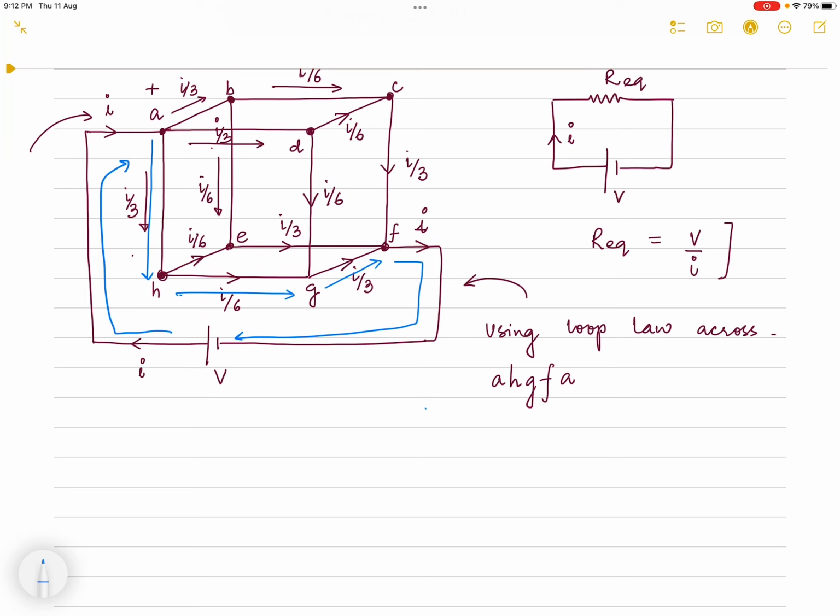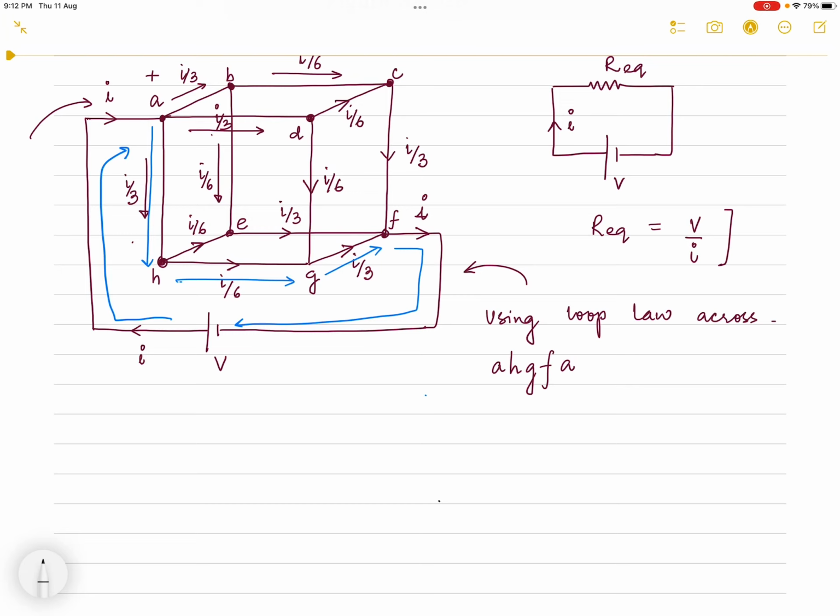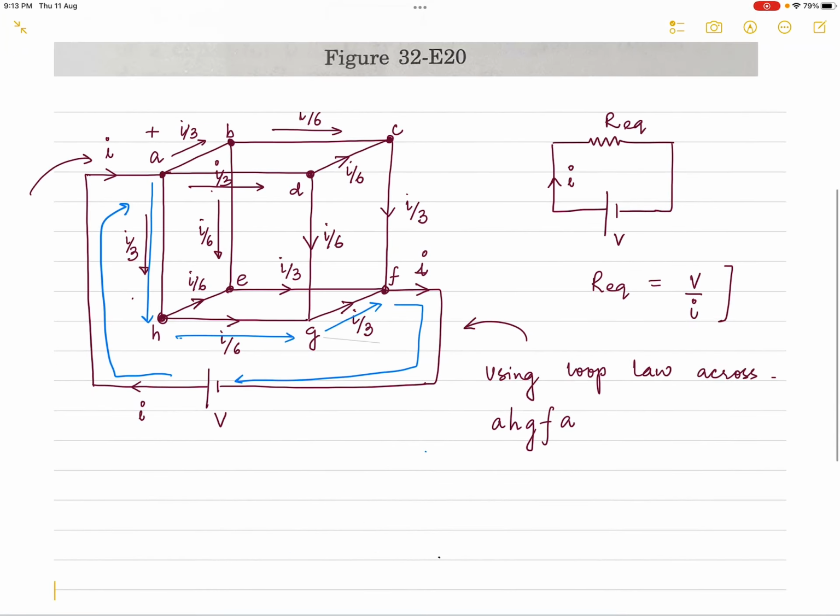We are supposed to write the loop law which will go like this.